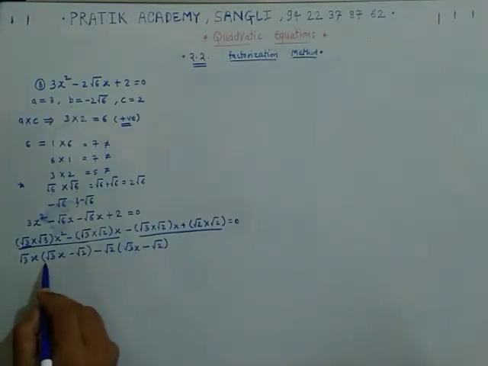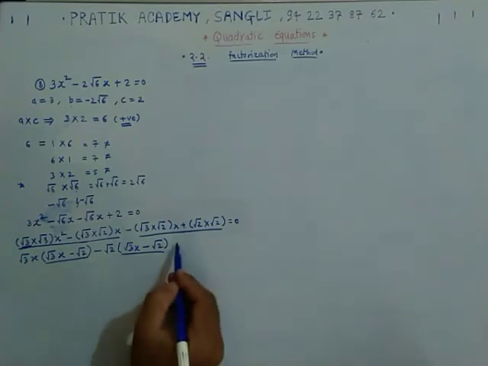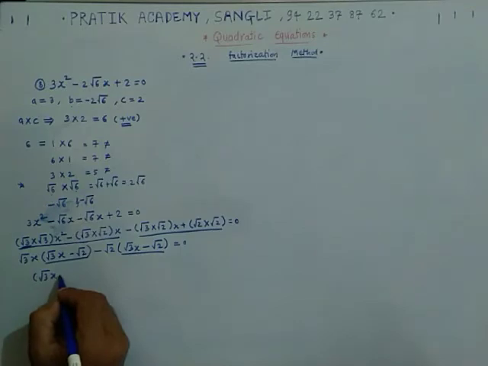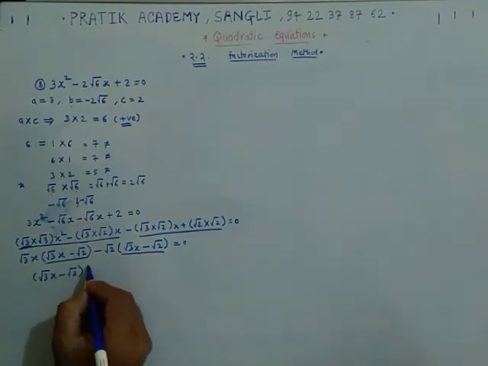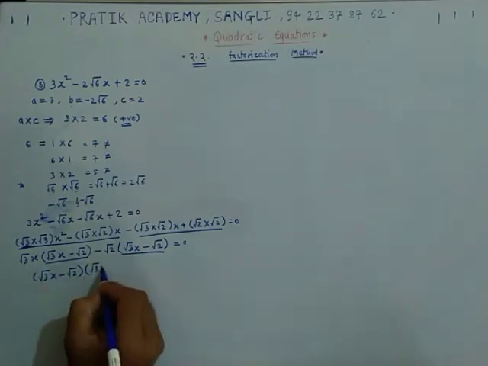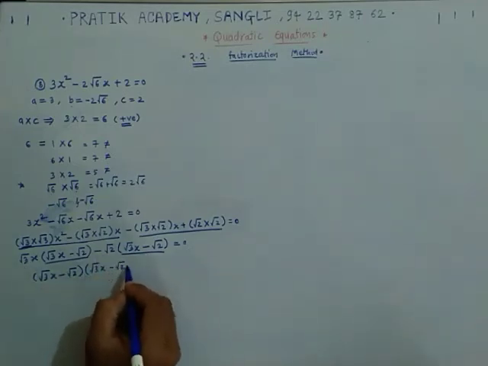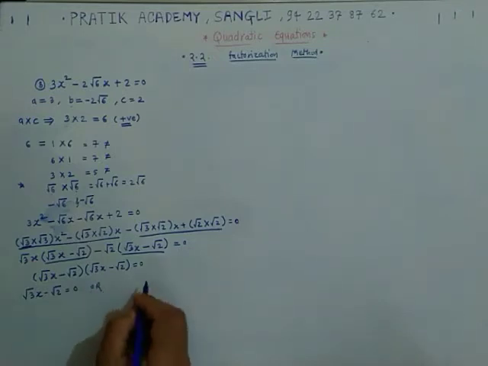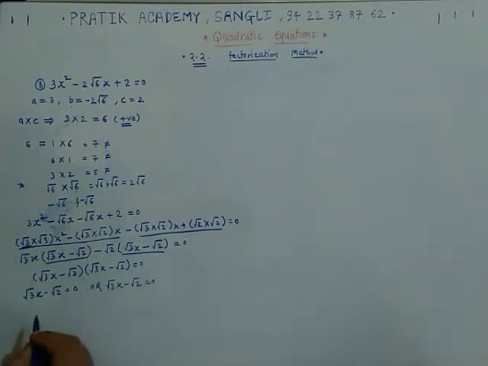Now these two brackets are the same, therefore taking common root 3x minus root 2. Here this bracket is taken common, so remaining is root 3x, here minus root 2. So either this bracket root 3x minus root 2 is 0, or root 3x minus root 2 is equal to 0.